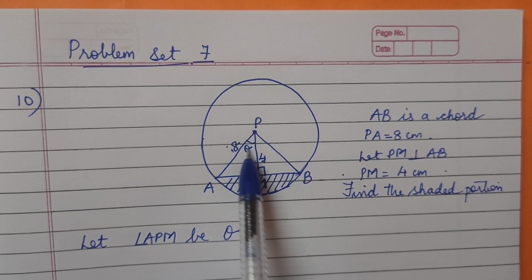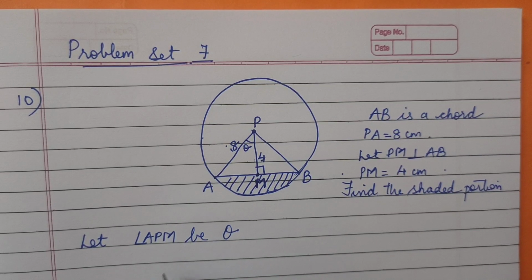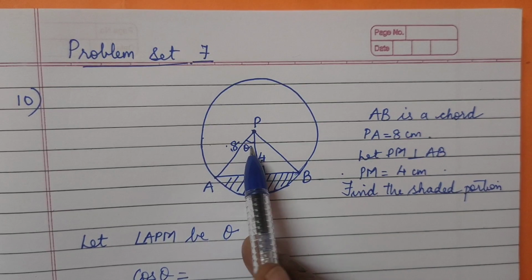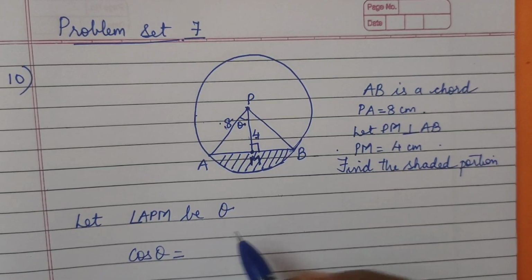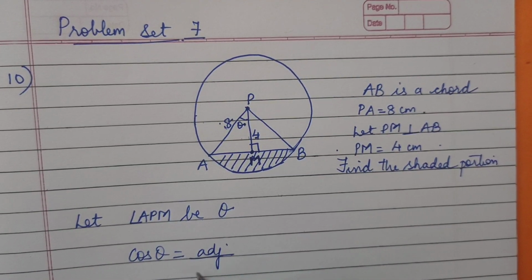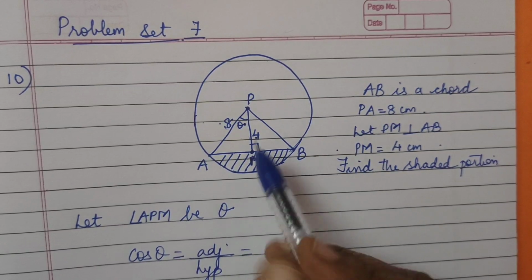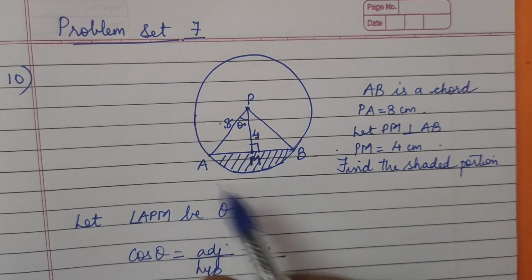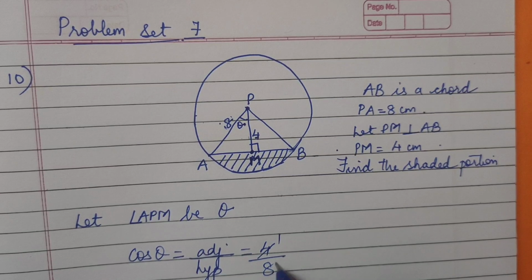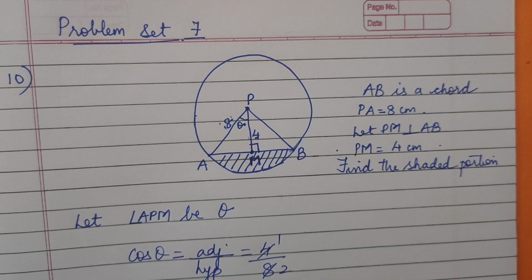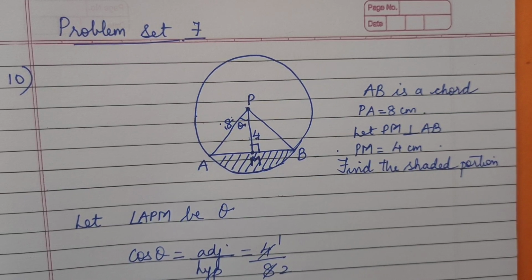Yes. So where we have such a condition, cos theta I'll consider equals to, what is the formula? Adjacent upon hypotenuse, right? What is the adjacent here? 4 upon hypotenuse. So cos of which value, 30 degree or 45 or 60 or 90, will have half value?